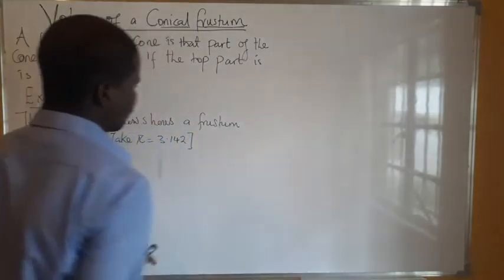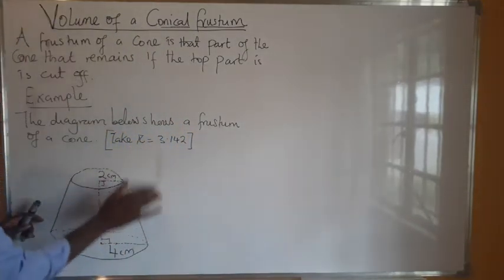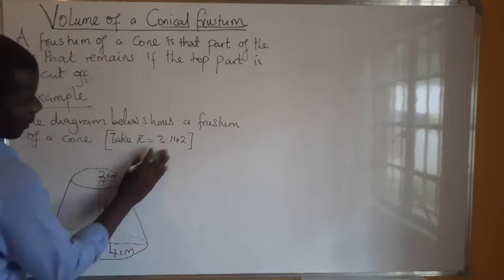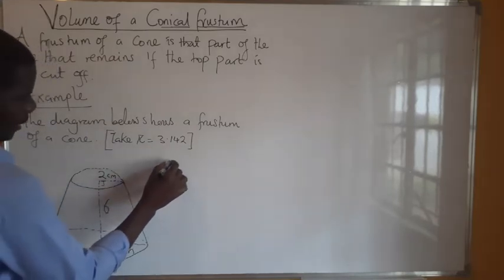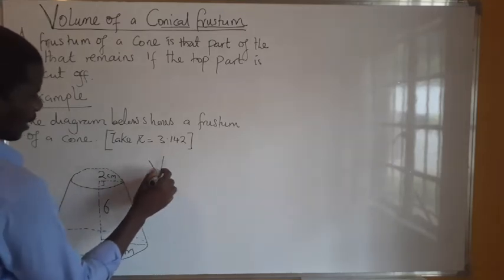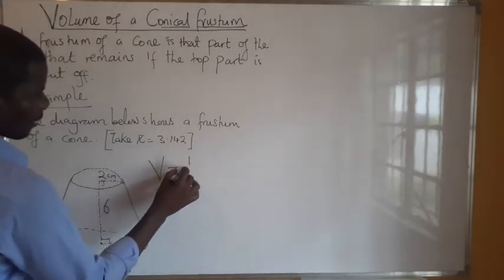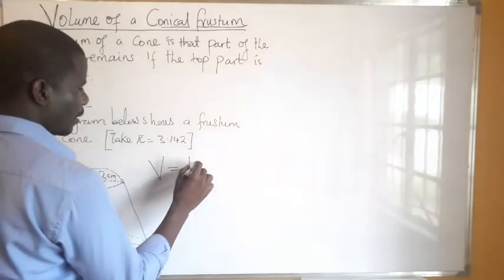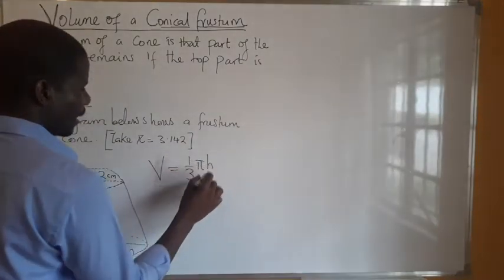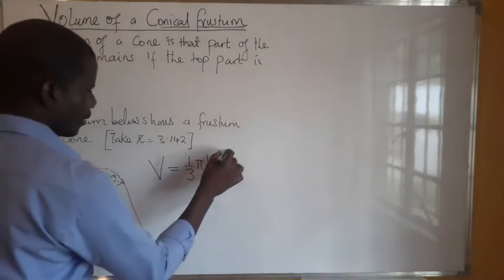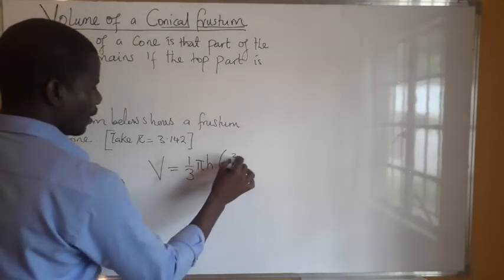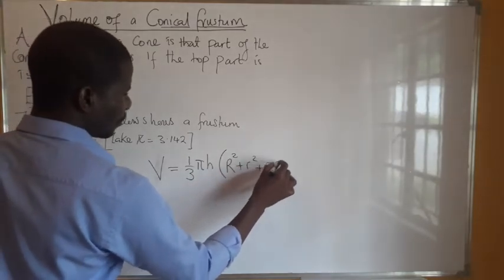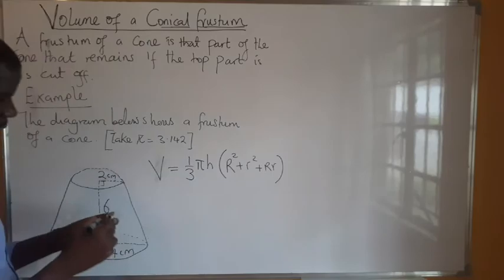Somebody derived this formula, and it is working, and it does help. So we have 1/3 pi multiplied by h, then we have R plus r.